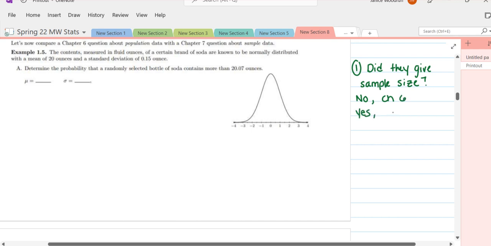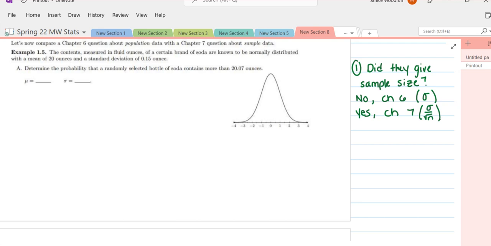If yes, you will use the chapter 7 formulas, which is just the population standard deviation divided by the square root of the sample size. On the formula sheet, though, they are sorted into chapter 6 and chapter 7.